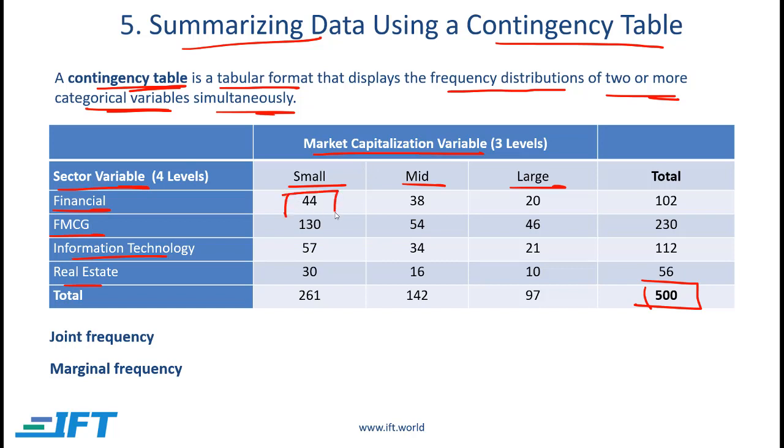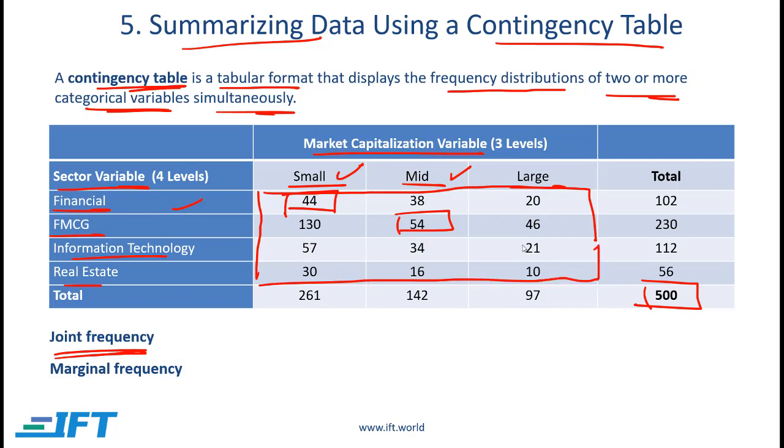This number 44 is a joint frequency because 44 represents the number of stocks that are both small cap and that belong to the financial sector. 54 refers to the number of companies that are mid cap and part of FMCG. So all these numbers that are in the middle represent a joint frequency.